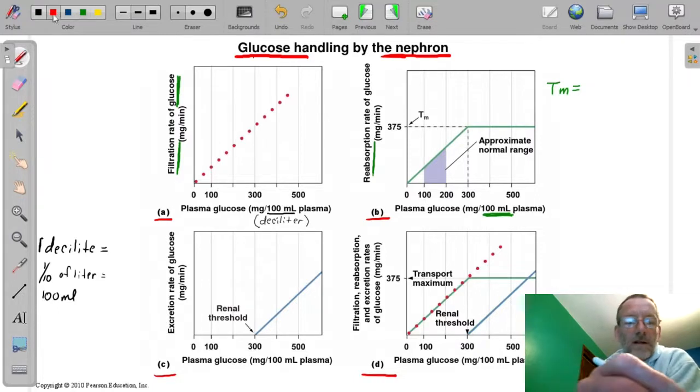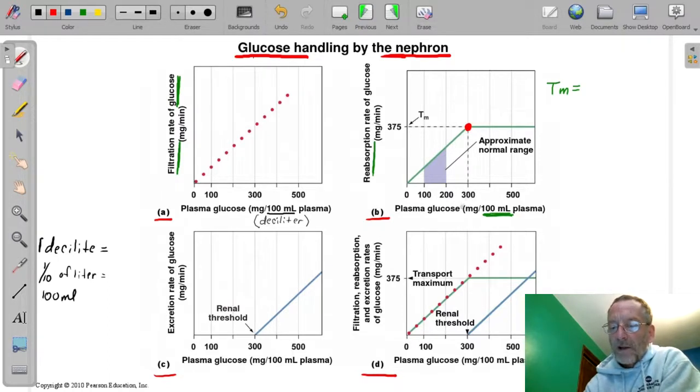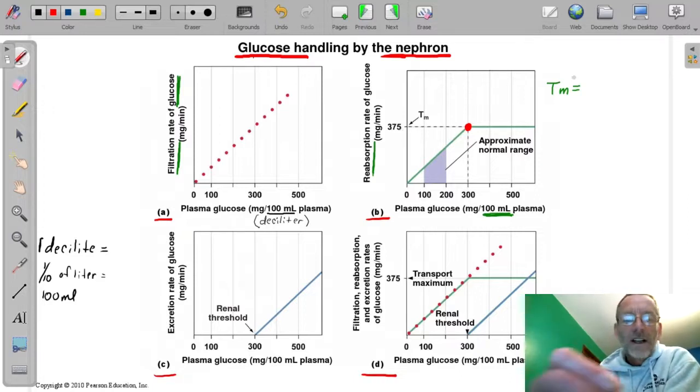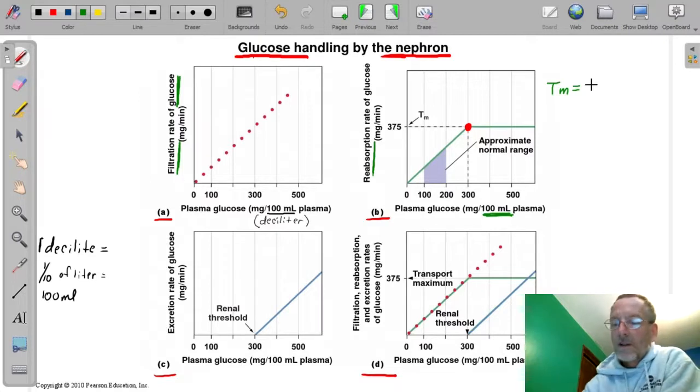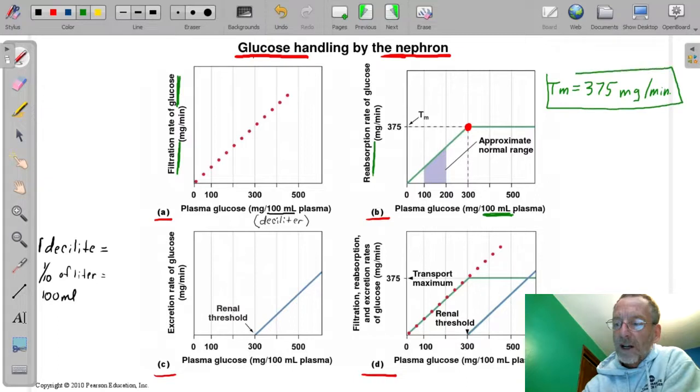Well, there's the magic spot. At 300 milligrams per deciliter, we can reabsorb 375 milligrams of that per minute. So the Tm equals 375, get the units correct, milligrams per minute. Okay, we did that in the previous slide.